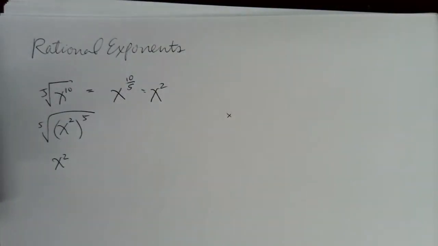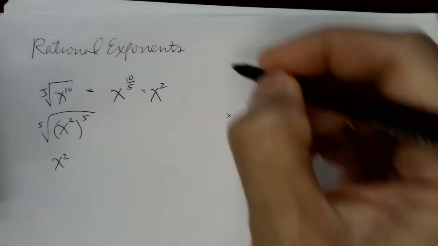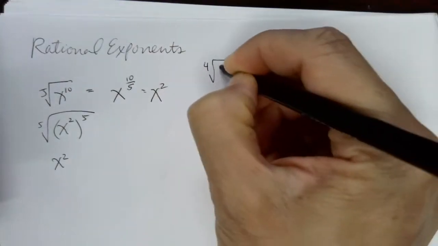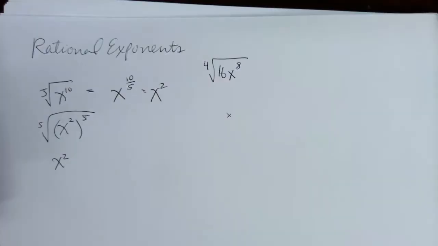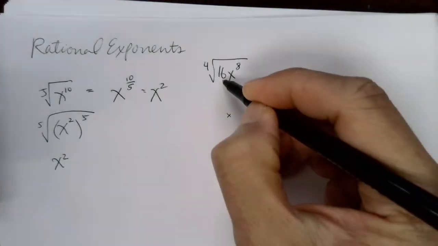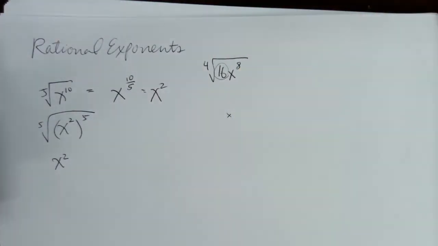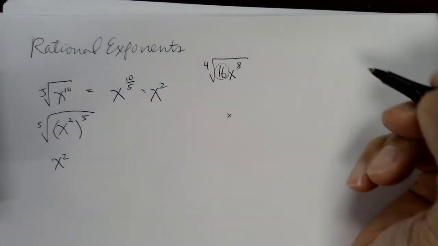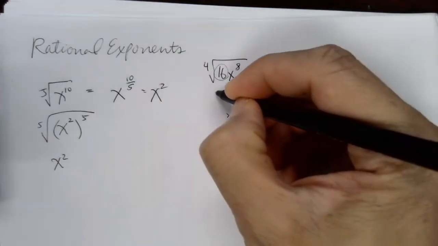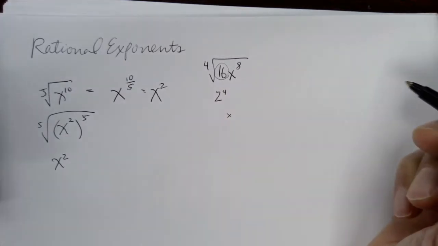Then, part B, I have the fourth root of 16x to the 8th. So let's deal with our number first. This 16 is 4 times 4, which is 2 times 2 times 2 times 2, so that's actually 2 to the 4th.